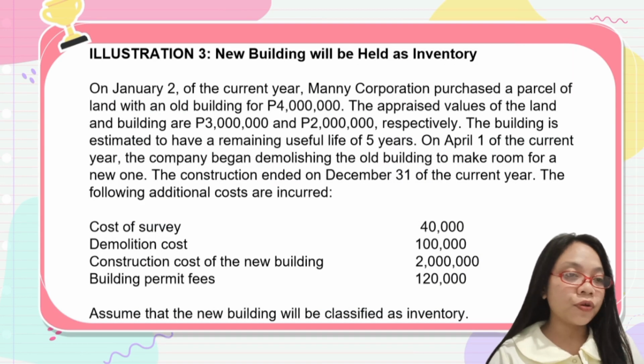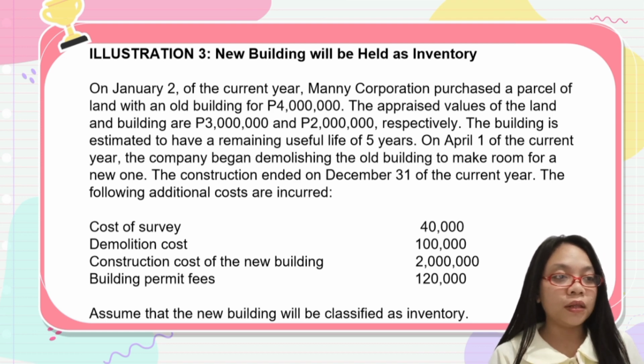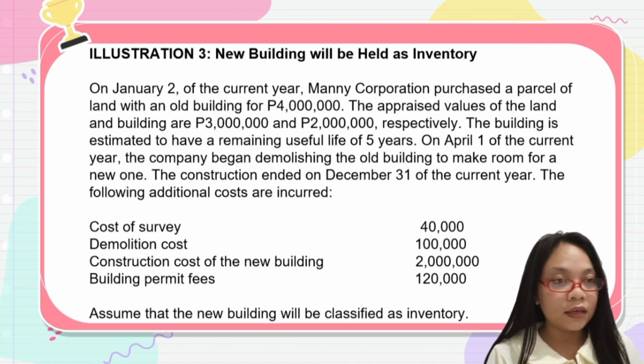Illustration number three, where the new building will be held as inventory. So the problem is, on January 2 of the current year, Manny Corporation purchased a parcel of land with an old building for 4 million pesos. The appraised values of the land and building are 3 million and 2 million pesos respectively. The building is estimated to have a remaining useful life of 5 years.